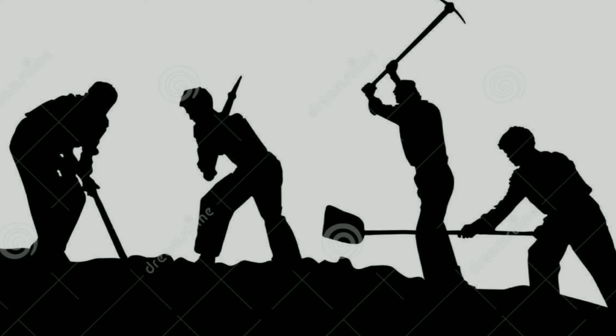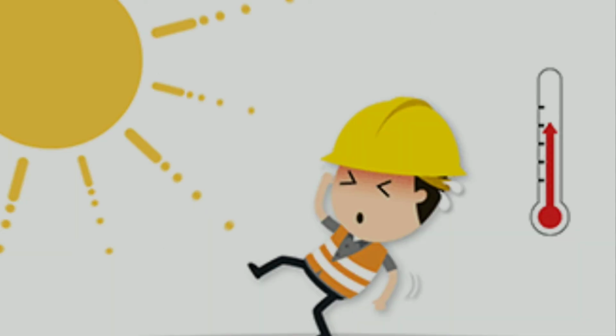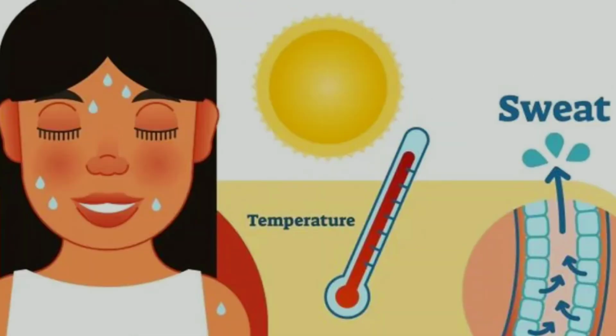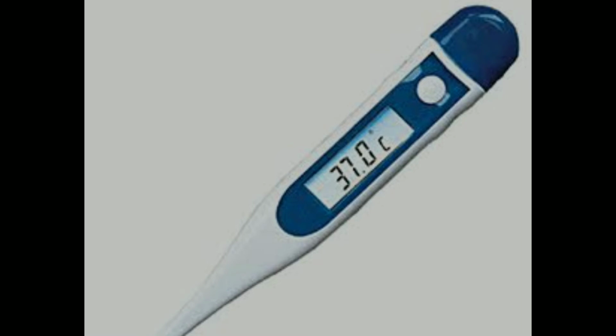After playing in the hot sun or after hard physical labor, the temperature of the body rises. Then sweat is released. It helps to reduce the temperature of the body. Our body temperature usually remains constant at approximately 37 degrees Celsius.